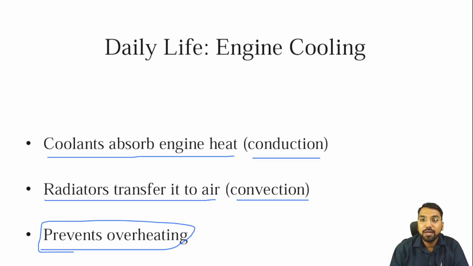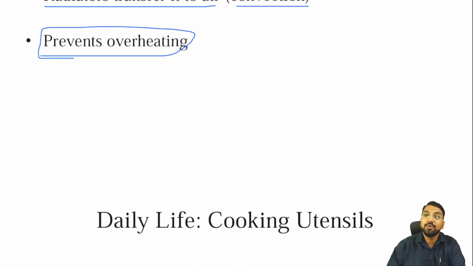There too, if overheating takes place, components may fail and the total system may fail. So to prevent overheating, a cooling system is provided in an engine, and in a spacecraft insulation is provided to minimize heat transfer from outside to the inner components.